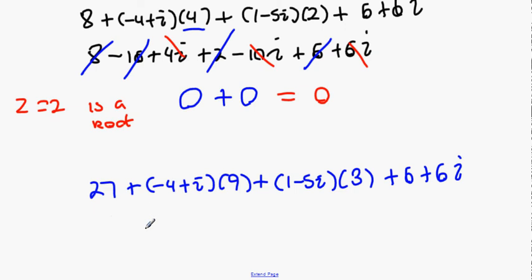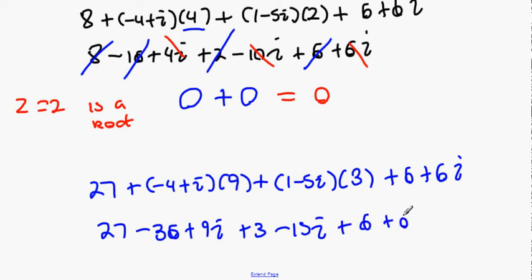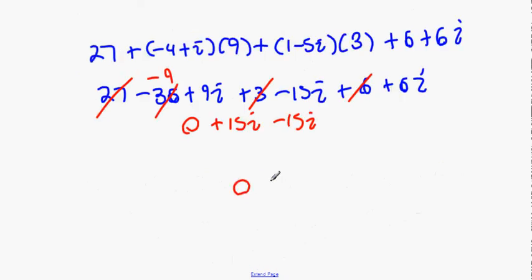Then we have 27 minus 36 plus 9i plus 3 minus 15i, then plus 6 plus 6i. 27 minus 36 is minus 9, minus 9 plus 3 plus 6 is 0. Then 9i plus 6i is 15i, and then minus 15i equals 0.